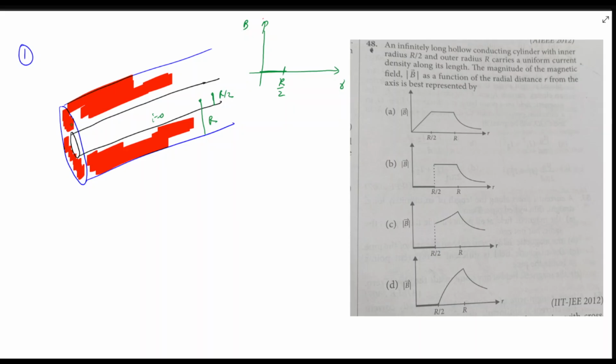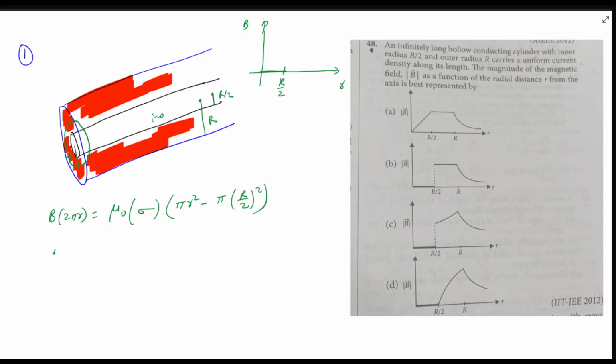Now after that I have to make an Amperian loop of radius, let's say, small r. So let's write the magnetic field. It will be B into 2 pi small r equals mu naught I enclosed. I enclosed will be, let's say, sigma, the current density, into area. The area will be pi small r square minus pi capital R by 2 whole square.